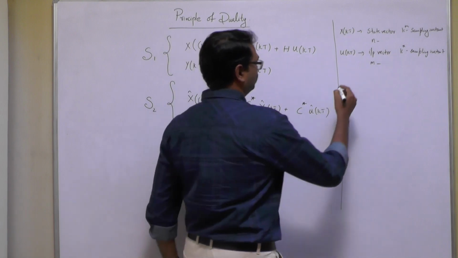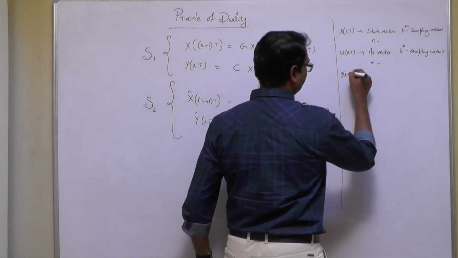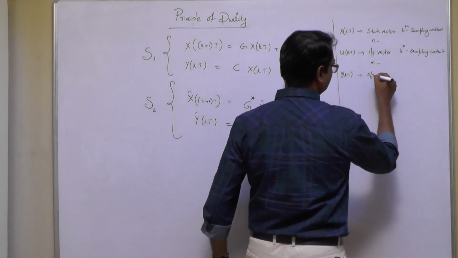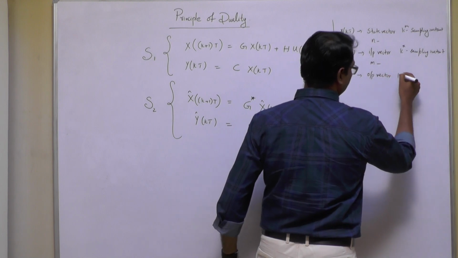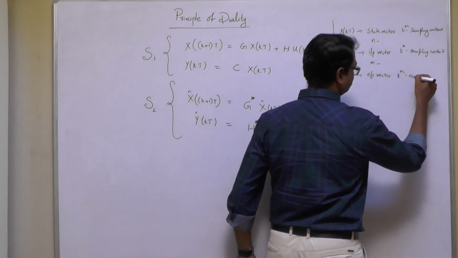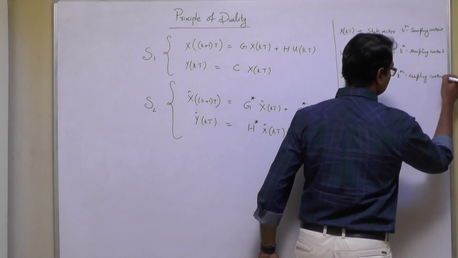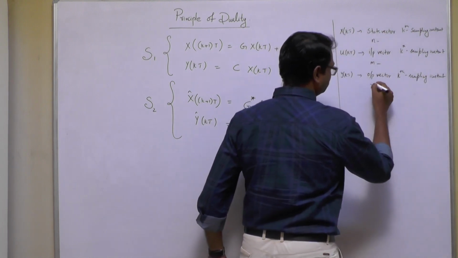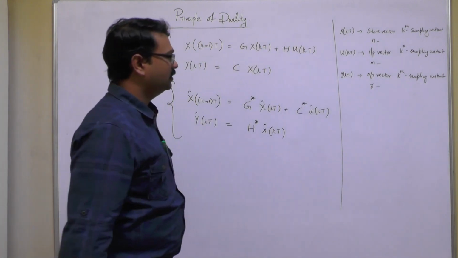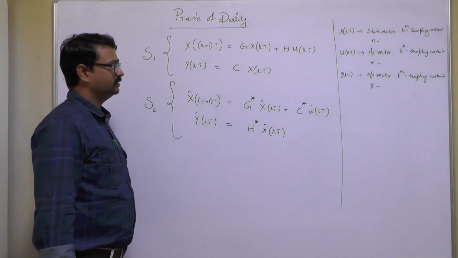And y of kT is the output vector at kth sampling instant, and let me say this is an r dimensional, r by 1 vector.